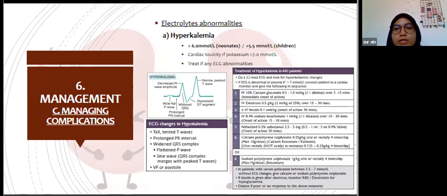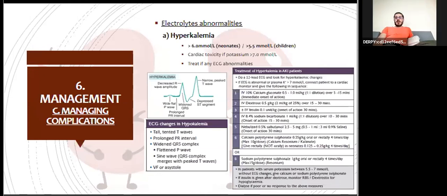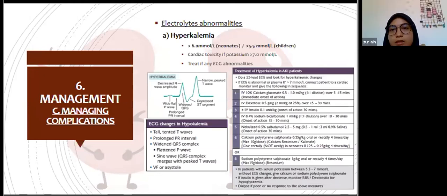Cardiac toxicity, which we can see as cardiac arrhythmia, cardiac arrest or even death, usually develops when the potassium is more than 7 millimole per liter. That's why, regardless of the degree of hyperkalemia, we must always initiate treatment, especially if there is ECG abnormality.